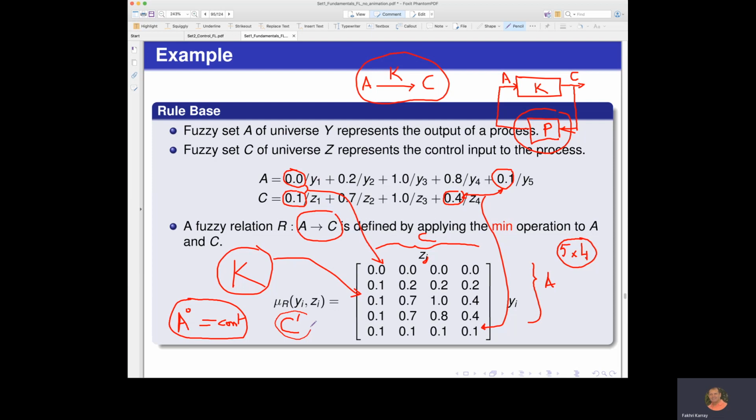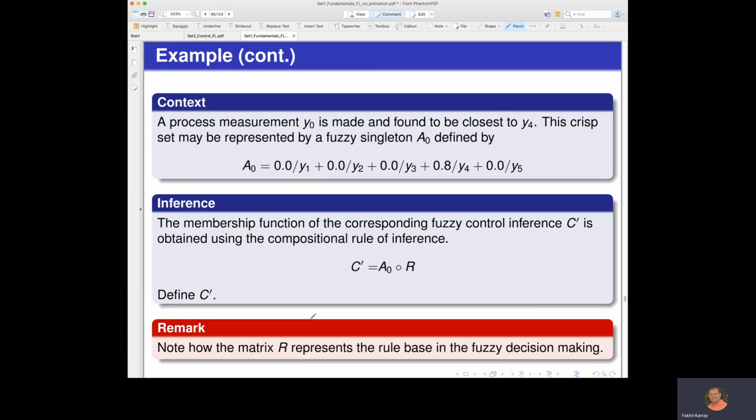This is like we are defining a temperature here, a warm temperature, and this is an air conditioner output for this particular system. So this is the relation that we have defined between the warmth and the air conditioner, and now for a particular temperature, or components of the warm, we would like to see what is the compound value for the air conditioner, and we are going to compute it using the compositional rule of inference.